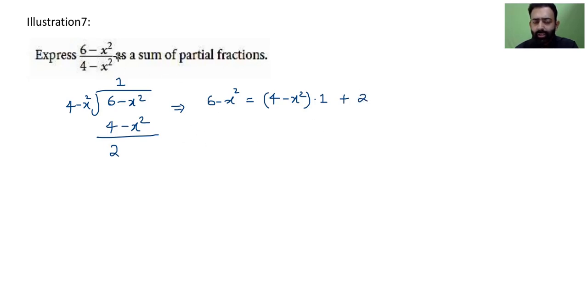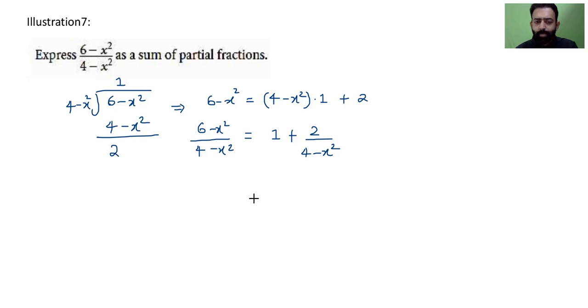Initially the question was 6 minus x square upon 4 minus x square. So if you divide this whole equation by 4 minus x square, the original question you have written as 1 plus 2 upon 4 minus x square.